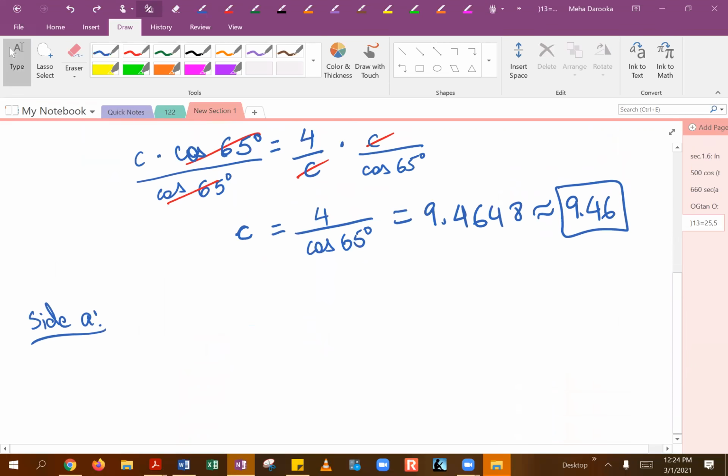So technically, you can do the tangent function on angle A. So opposite and adjacent would be A over B. It should still give you the same answer because this would be with the 65 degree. A is missing. B is 4. Yeah, it will be the same.